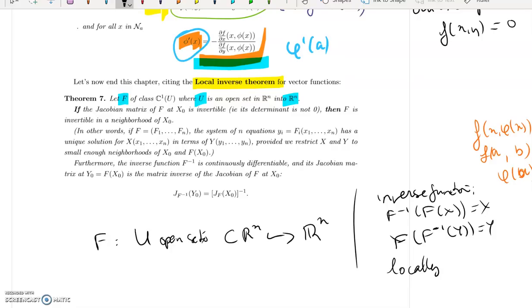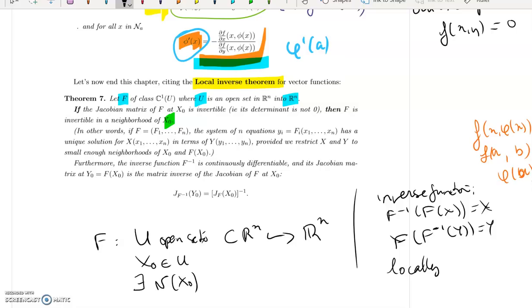So you consider some neighborhood around a point x0. You've got your point x0 that belongs to U. What this theorem says is that there exists a neighborhood around x0.